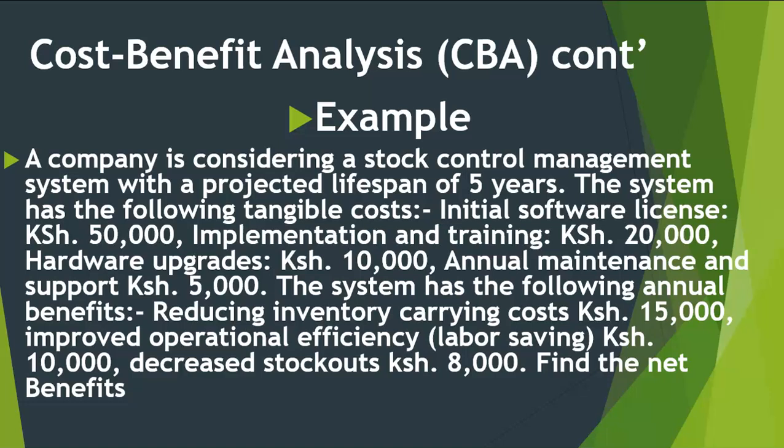Implementation and training is going to cost 20,000. Hardware upgrade is costing 10,000. Annual maintenance and support is going to cost 5,000. So you need to know which costs are annual and which ones are one-time.